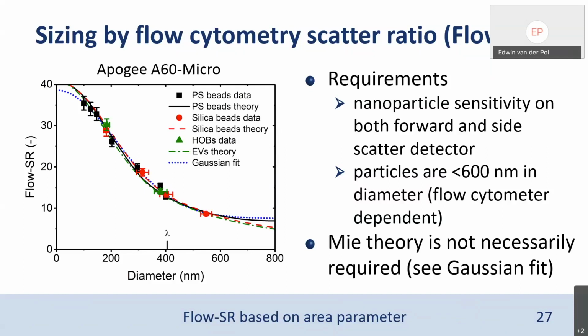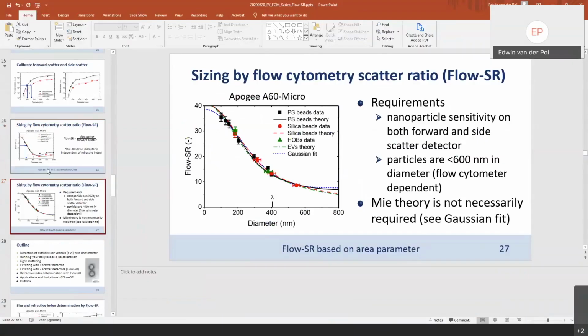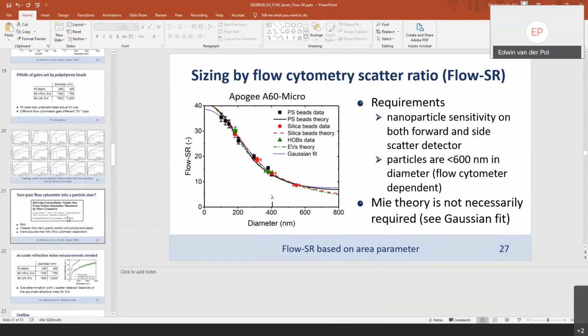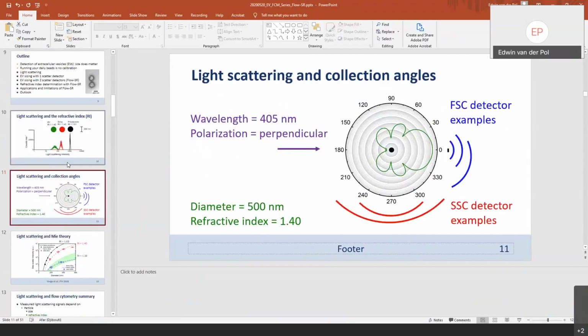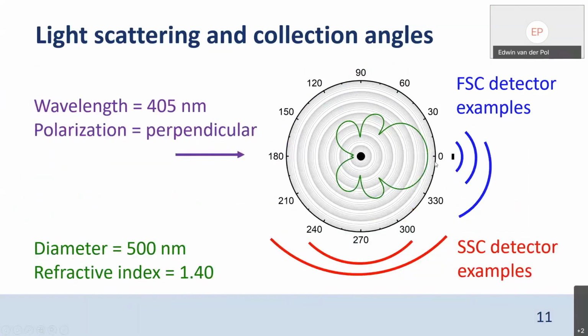So not 3 or 4, but really many. And so then you can resolve the whole angle-dependent light scattering of spherical particles, which I showed here on this slide. And if you can resolve this, you can inversely solve the light scattering theory and predict what was the refractive index and the size of this particle. And if you cannot solve it, it most likely means that the particle was not spherical.